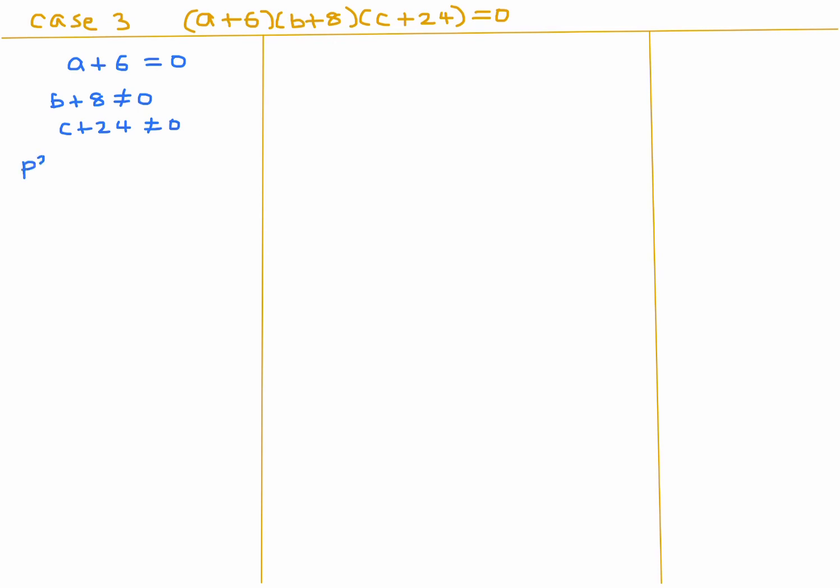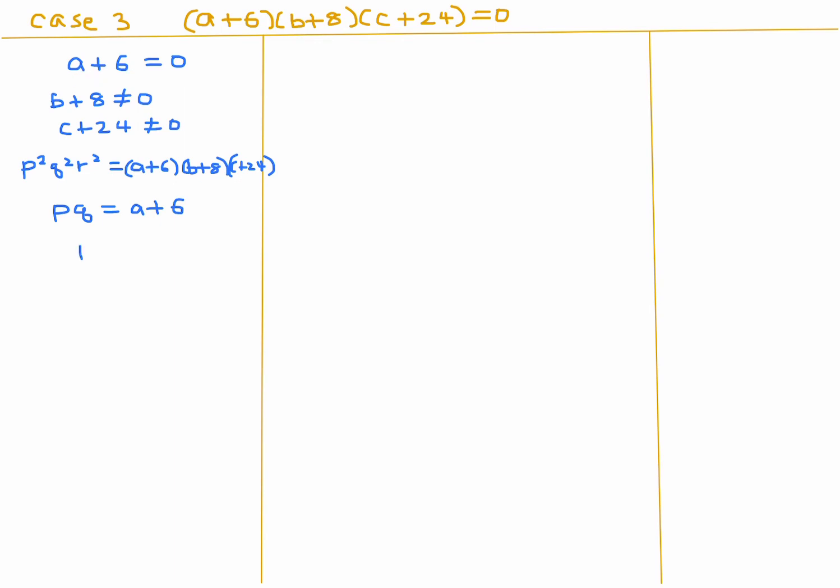All right. So recall what this whole thing was. It was p squared, q squared, r squared, and that was equal to a plus 6 times b plus 8 times c plus 24. And recall what each individual was equal to. a plus 6 was equal to p times q. Now we have set that to be 0.